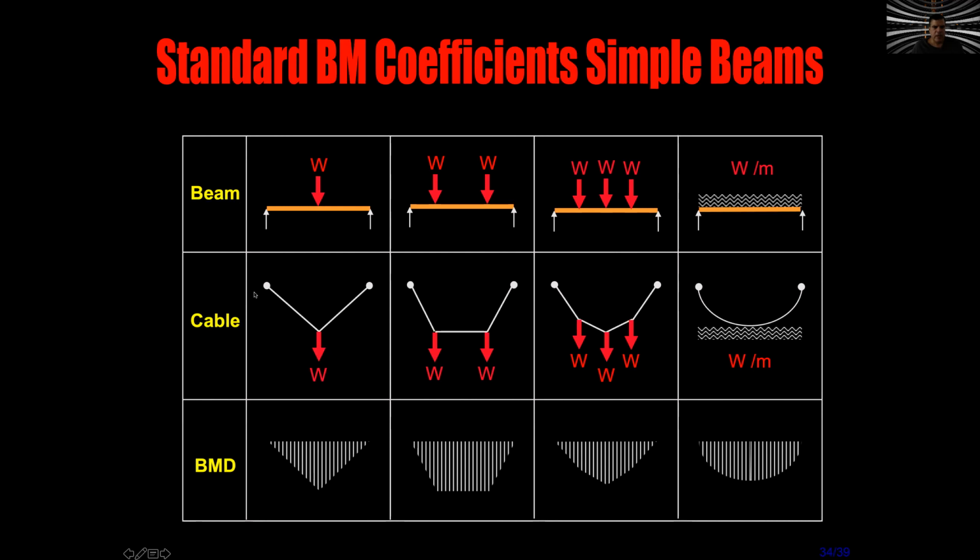For example, if we have a beam with a load in the center, the maximum bending moment will be in the center. You see? If we have 2 particular weights separated by a distance that is symmetrical, again, the maximum moment will be in the center, in the place between those 2 weights. And if we have 3, it will be in the center, just where the last one is.